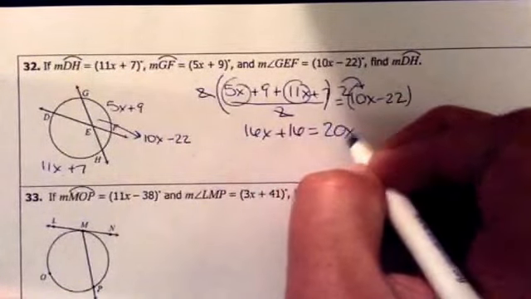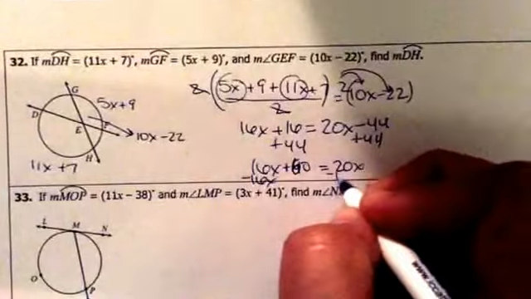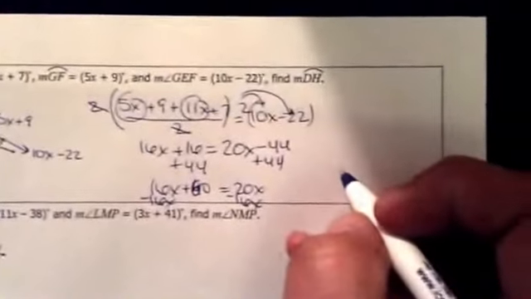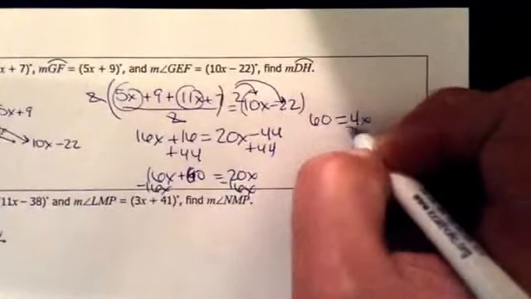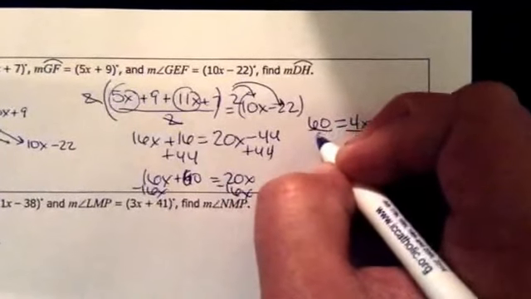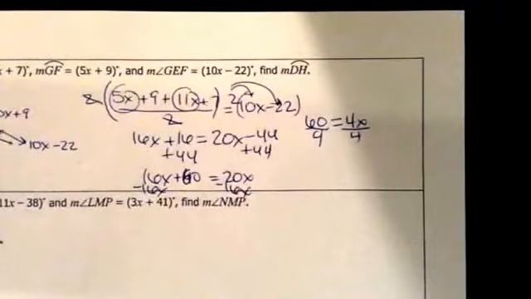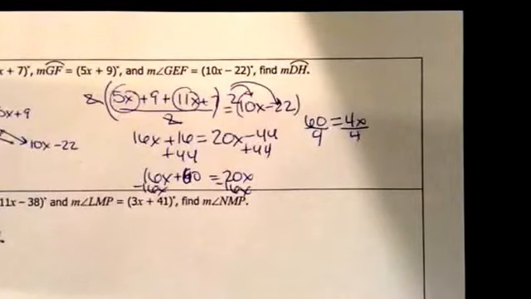I'm going to add 44 to both sides. So I have 16 plus 44. I have 16x plus 60 equals 20x. I'm going to take away 16x. So over here I have 60 equals 4x, dividing by 4. 60 divided by 4 is going to give me 15.